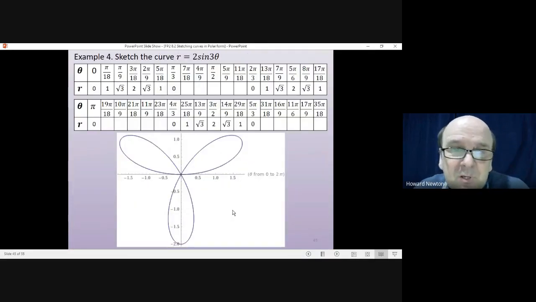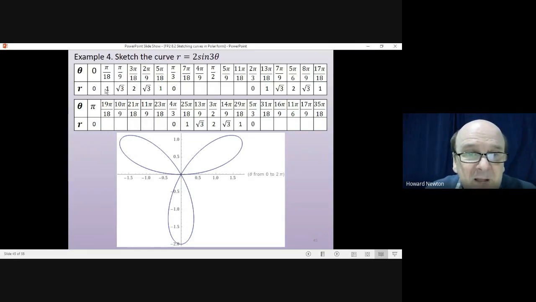Now that is what the curve looks like. So these first set of values here from 0 up to pi by 3 radians take us from here, going from 0, going to a maximum distance here of 2 from the pole, and then coming back in again. And then we've got this gap here where we had negative values for r.